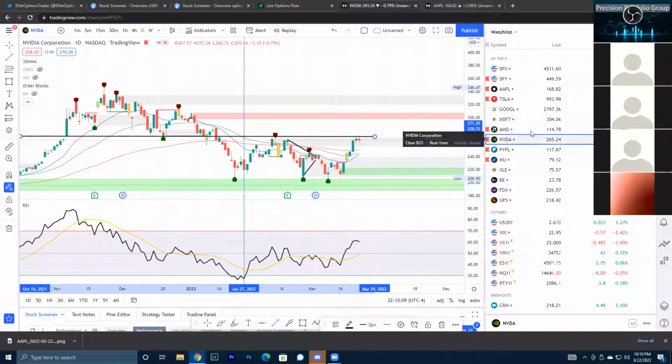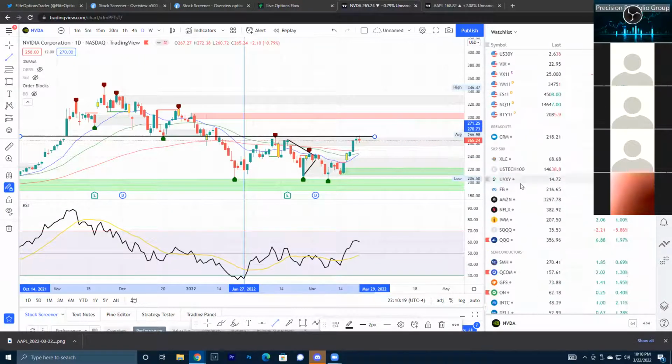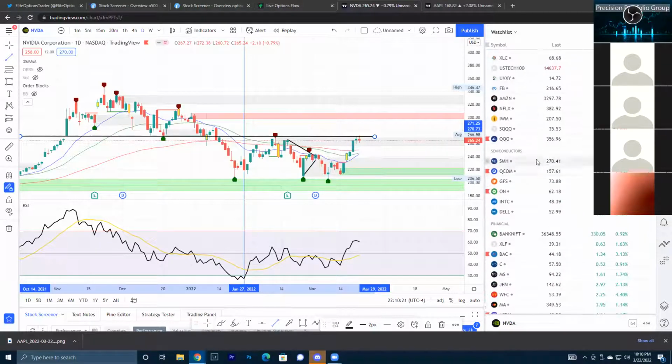Actually, since this is a semiconductor stock, MU, AMD, and the rest of these semiconductors have to pick up the scalp, especially Qualcomm. In order for this to move a lot, other semiconductors have to move.